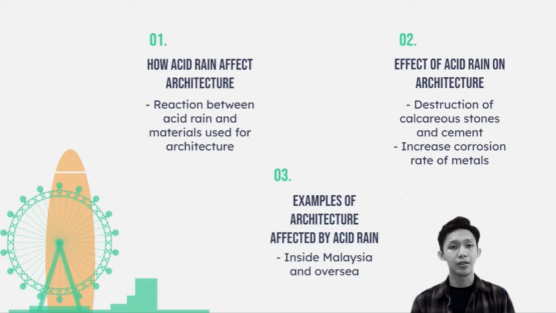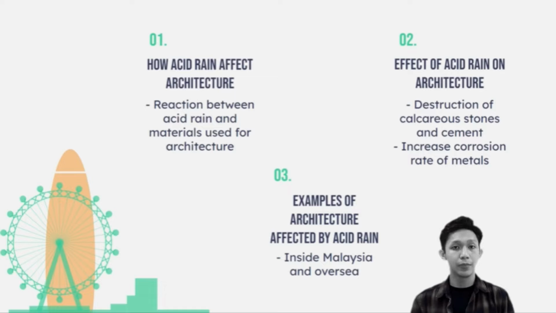This is the contents of our presentation today. First, I will be presenting about how acid rain affects architecture, with the reaction between acid rain and materials used for architecture. Second is the effect of acid rain on architecture, which will be presented by Bushra Amali and Nurul Shakirah.